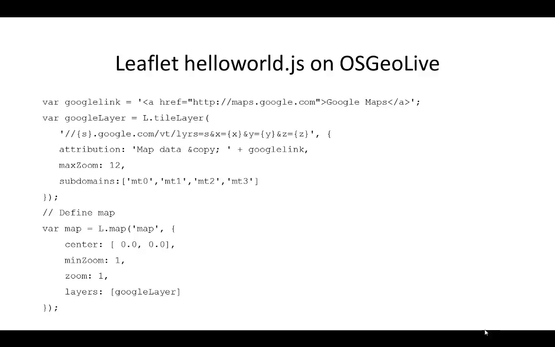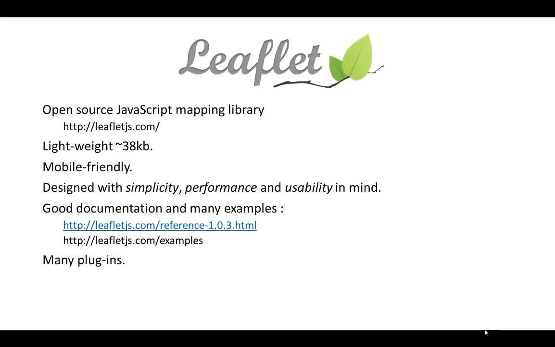The zoom level where we're starting is 1, so we're going to start up seeing the whole world. And then the layers, an array of layers that we're going to add to that map. So at the moment, we're only going to add the base map layer, the Google map layer. Oops.